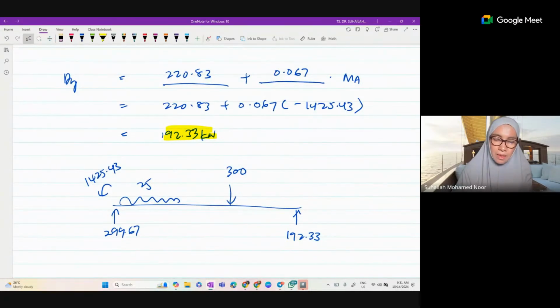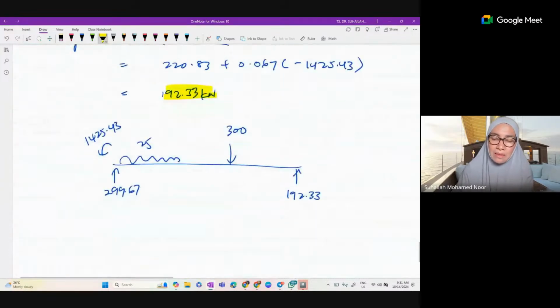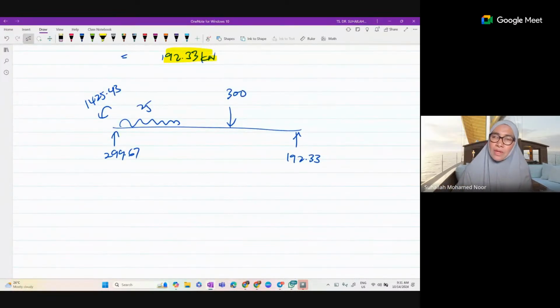Cuba check. Dapat kosong tak? Bila kita check total FX kan. Actually we can solve remaining reaction using principle of superposition. Kita solve guna yang ni, lepas tu checking guna equilibrium equation. Sebab bila kita nak draw diagram, kita kena make sure the system is in equilibrium. Okay, dapat tak 25 times 5 plus 300 minus 299.67 minus 192.33, dapat tak kosong?